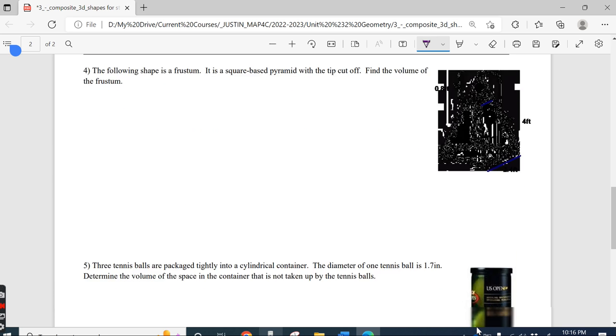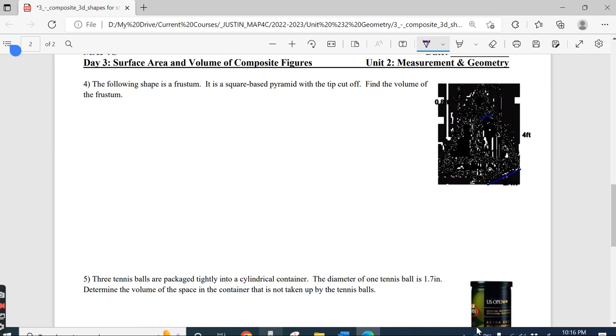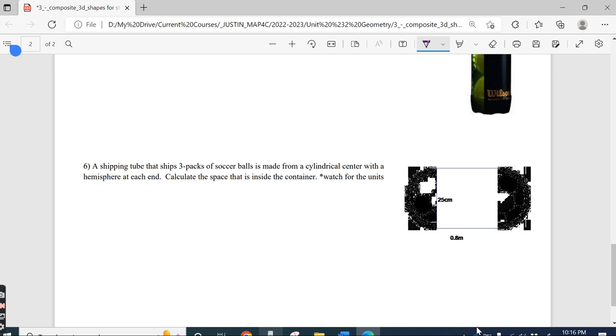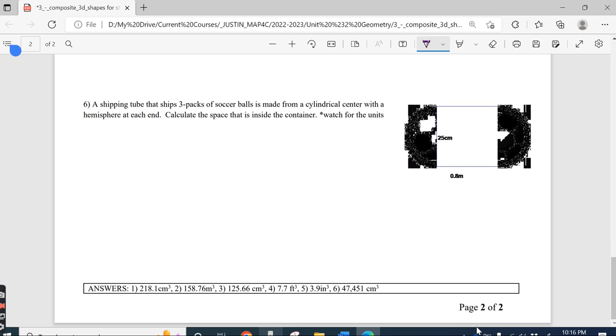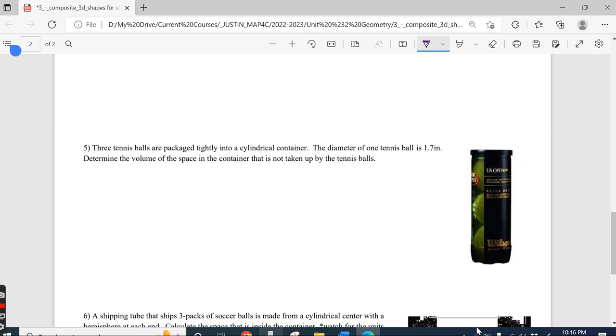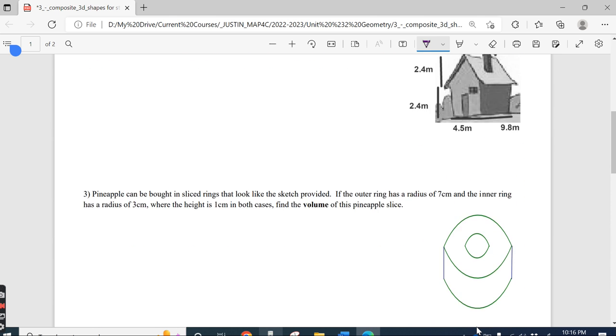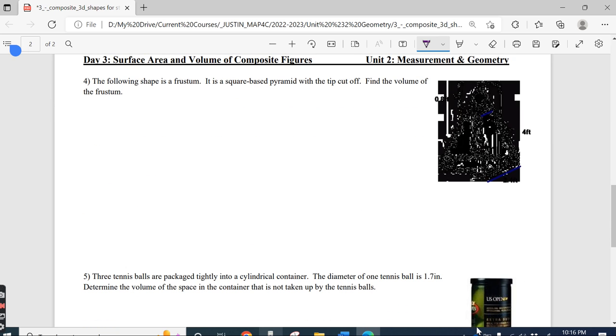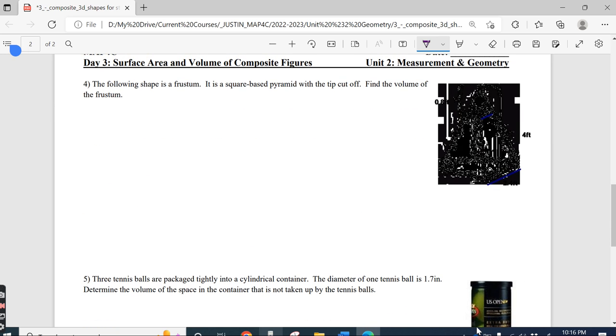Ooh, that's not good. Number 4 you might not be able to do, because that is very blurry.